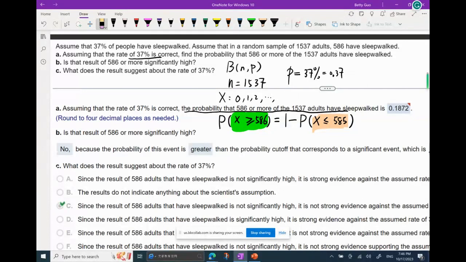So you have from 0 to 1, 2, and all the way to 585, and then 586, 587, and so on, and then 1537.